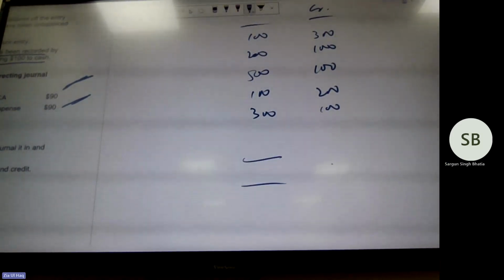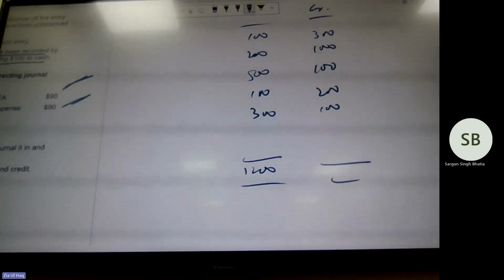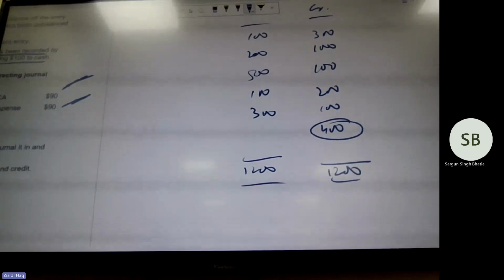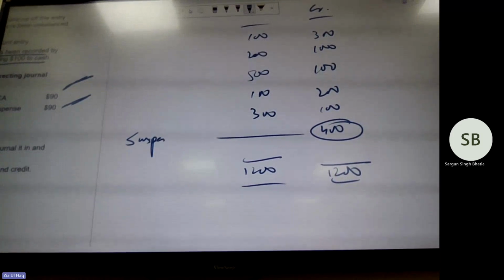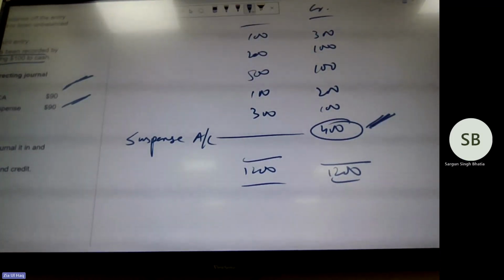When we total them, this total is 3 plus 5, 8 plus 4, 1200. What is this total? 3 plus 1, 4 plus 1, 5 plus 3, 800. The difference is 400. To make it 1200 complete, this difference of 400 will be called the suspense account. If the suspense account appears on the credit side, we will call it a credit balance. If it appears on the debit side, we will call it a debit balance.